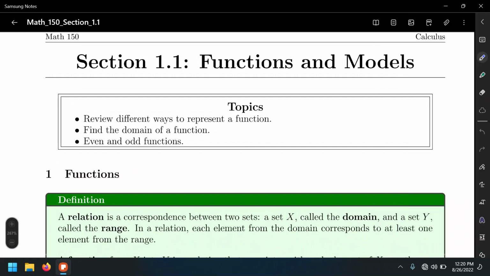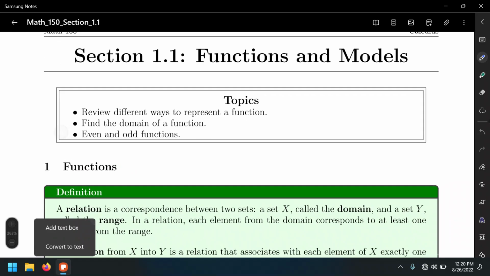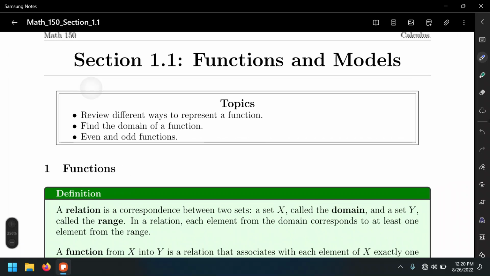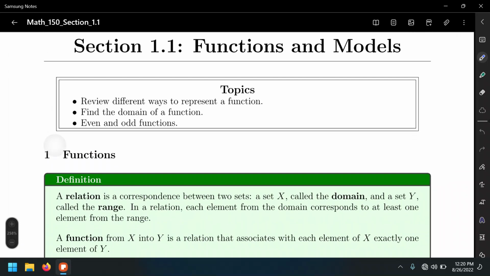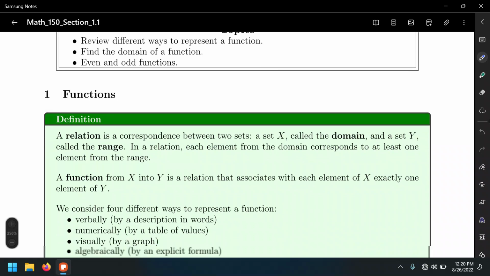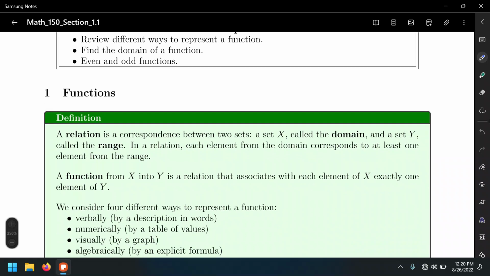Okay, so another very important aspect that we need in calculus is the notion of what a function is. Actually, before going through what a function is, there are two concepts that are tied together. Number one is a relation, and the other one is a function.